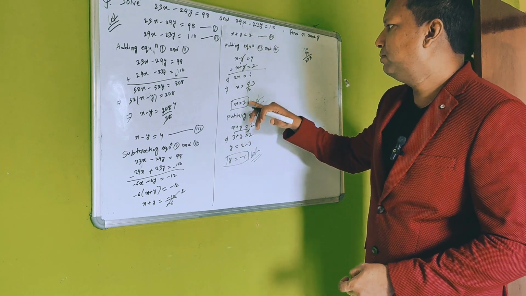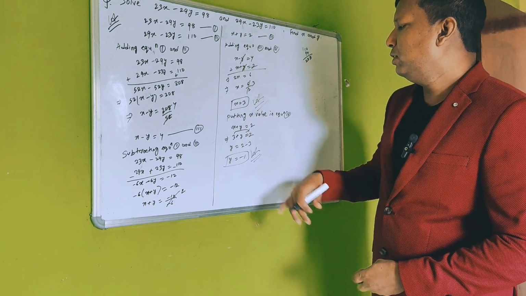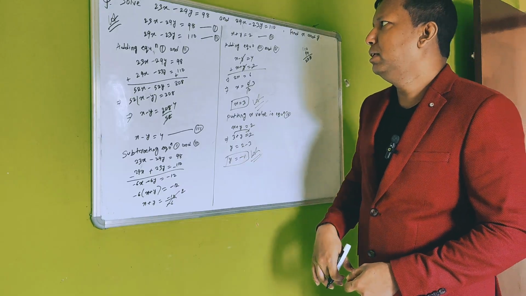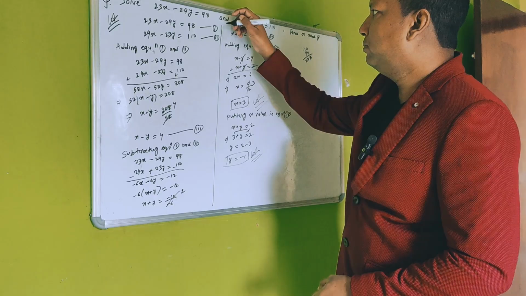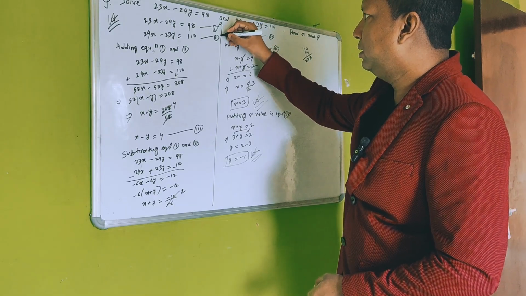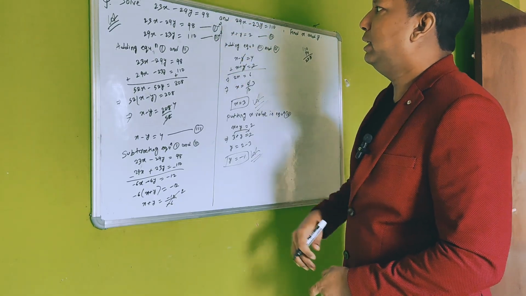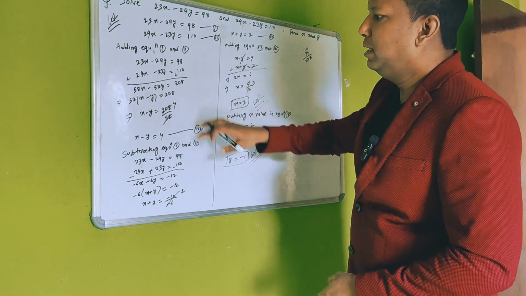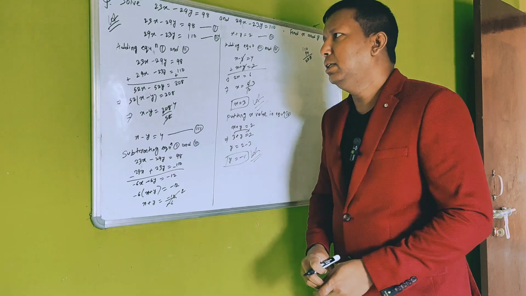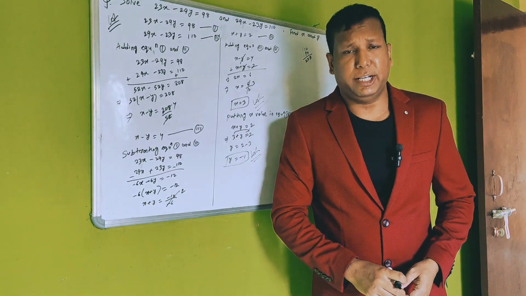After that, simply add the equations, then get the x and y values. But if you use the other way, eliminating y, you need to multiply by 23 and 29, which are two lengthy terms, so that approach is not followed. By following this approach you can easily get the x and y values.